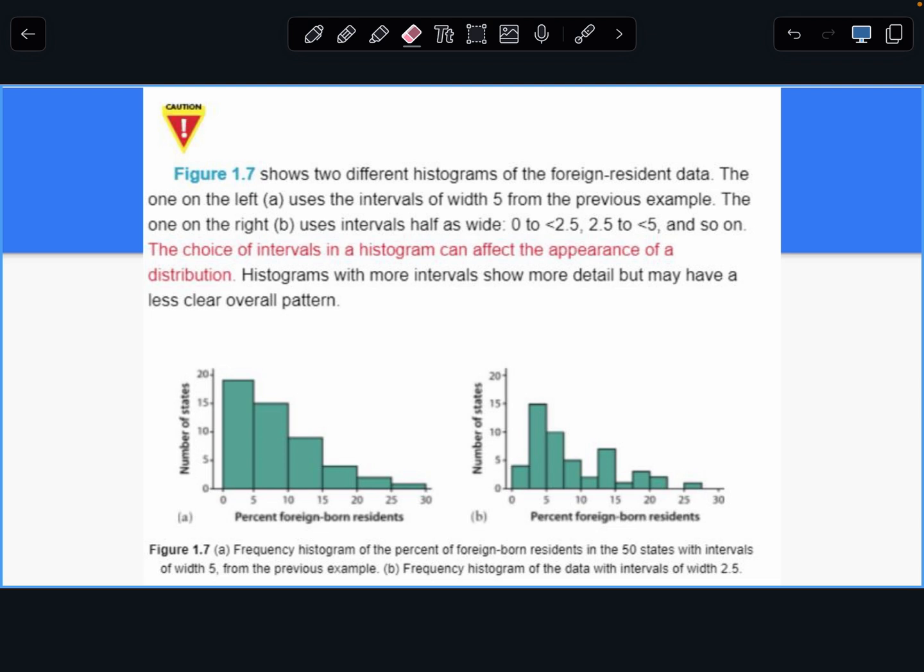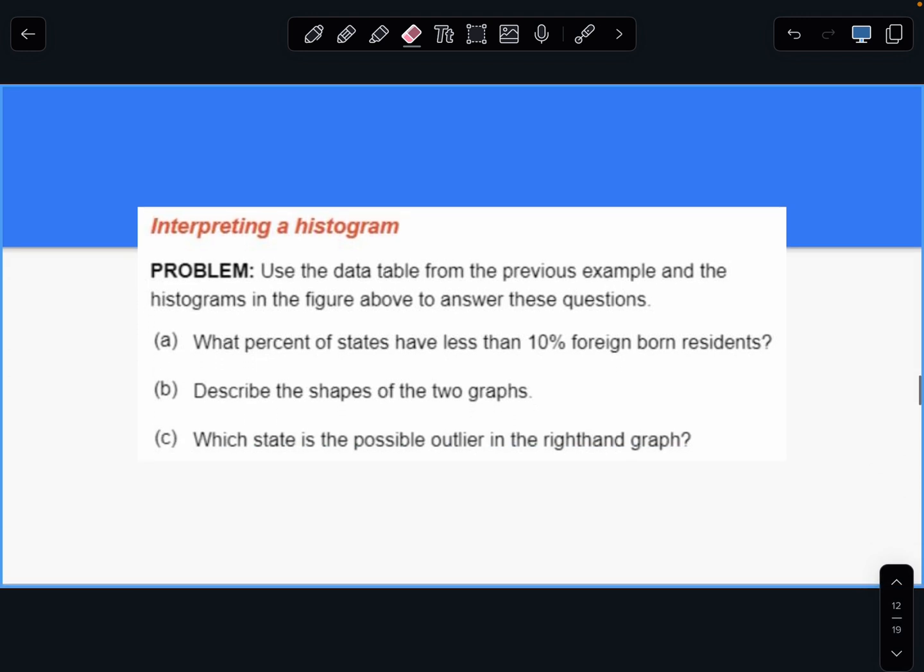And again, in the right-hand histogram, you can still very much tell that it's skewed right, okay, but this one is just so much more obvious that it is skewed right. It makes it cleaner. So changing your interval can make a difference. Just keep that in mind.